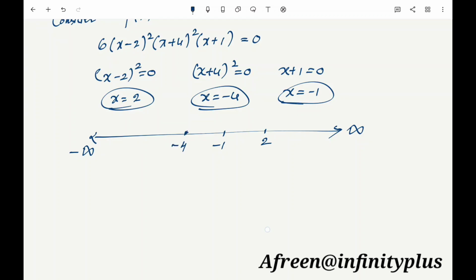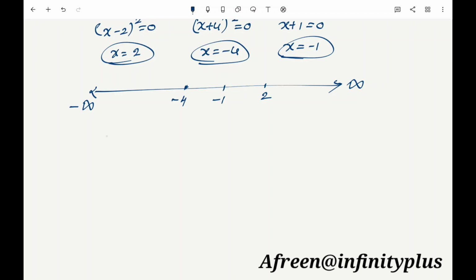So you will get intervals here, which will be minus infinity to minus 4 as one interval, and again minus 4 to minus 1 another interval, minus 1 to 2 one more interval, and 2 to infinity is another interval. So here you will be getting 4 intervals for 3 critical points.